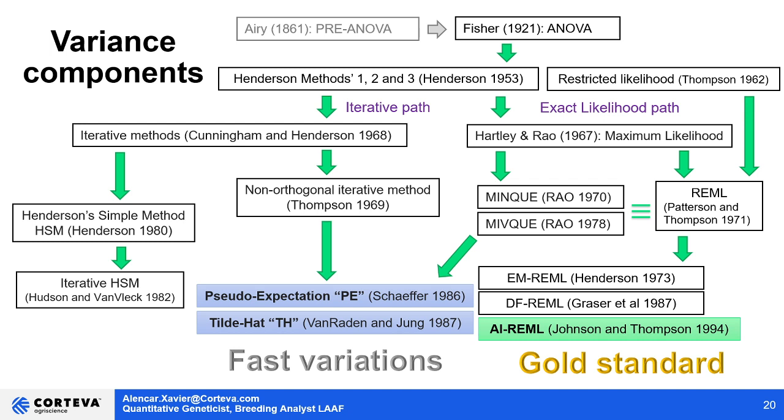They were invariant, translation invariant, unbiased, but for a reason or another, people did not pursue them any further. So two of those methods were the pseudo expectation proposed by Schaeffer in 1986 and the tilde-hat method proposed by Van Raden and Jung in 1987. This one, the tilde-hat, is more often than not referred to as a Van Raden method.